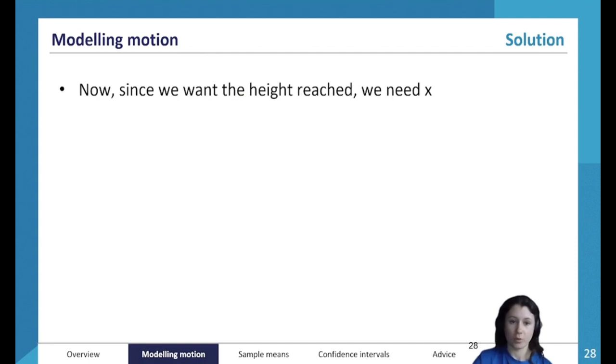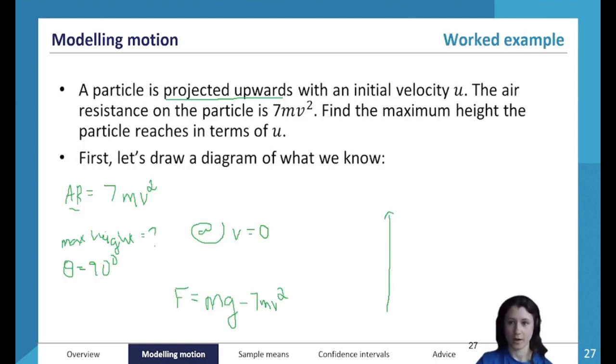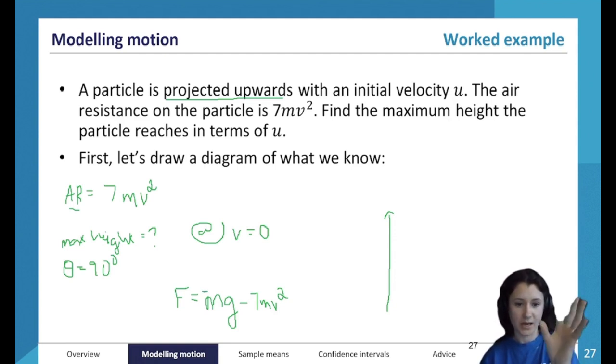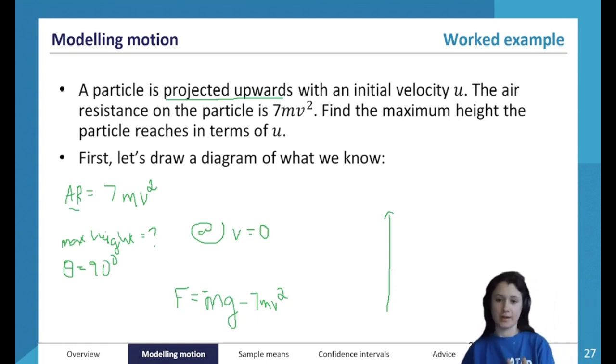Let's continue on. We want the height reached, which means we need the x value. Alright? Okay, so sorry, I just made one small error there. Since the ball is being projected upwards, the force due to gravity and the air resistance both act against it.